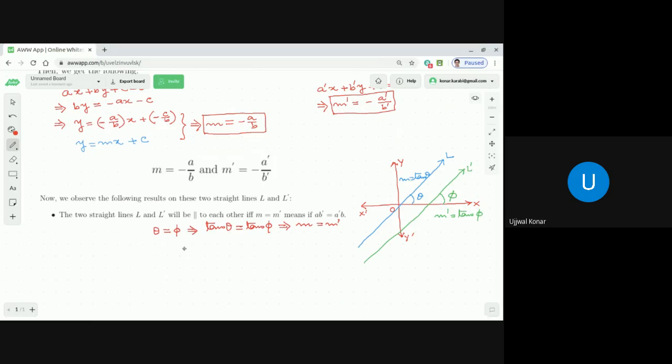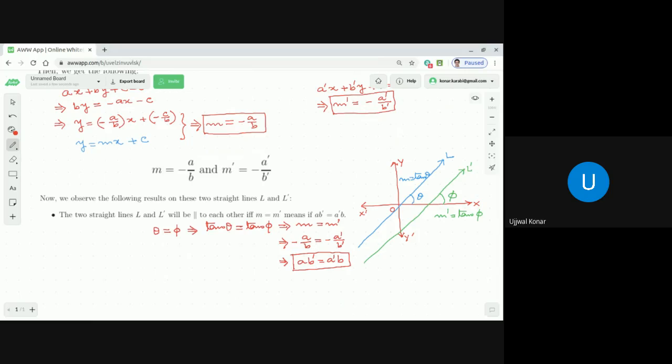So m equals m dash. We already found the value of m, that is minus a by b, and the value of m dash is equal to minus a dash by b dash. So from here we get a into b dash is equal to a dash into b. Correct? And this is the condition we get. I hope it is clear, dear students.